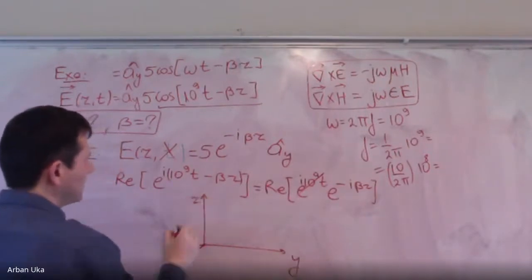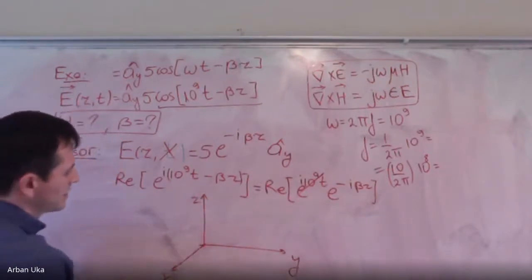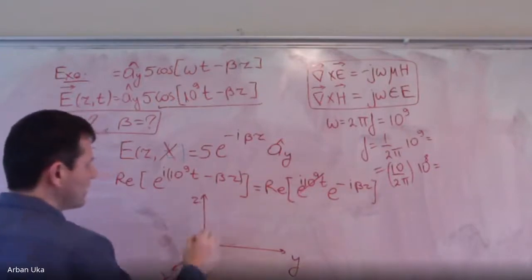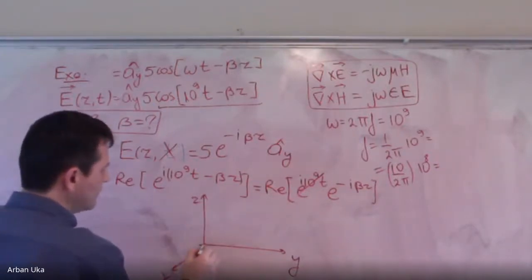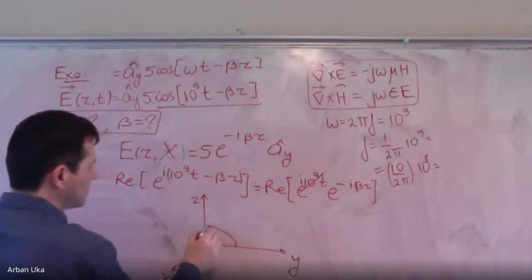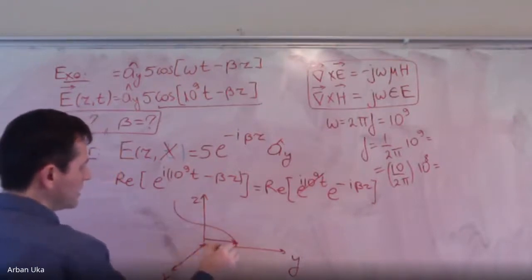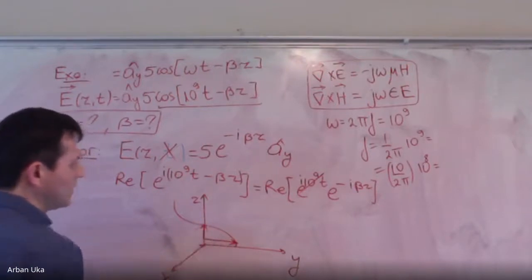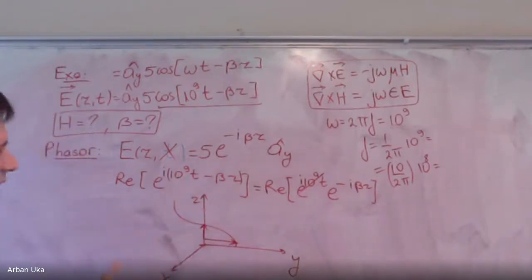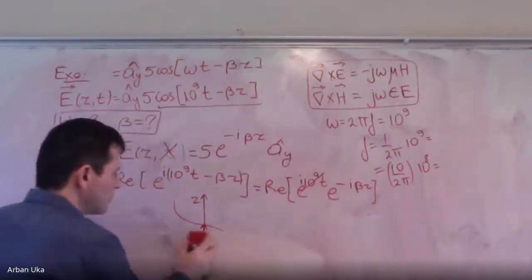So this means that we have a wave that is going upward, but the electric field is going to move like this. So the electric field is pointing like this, but the wave or the photons are moving upwards. So that's what we denote.